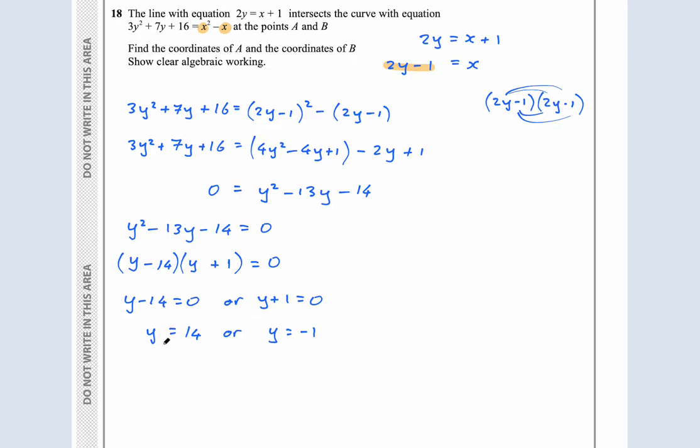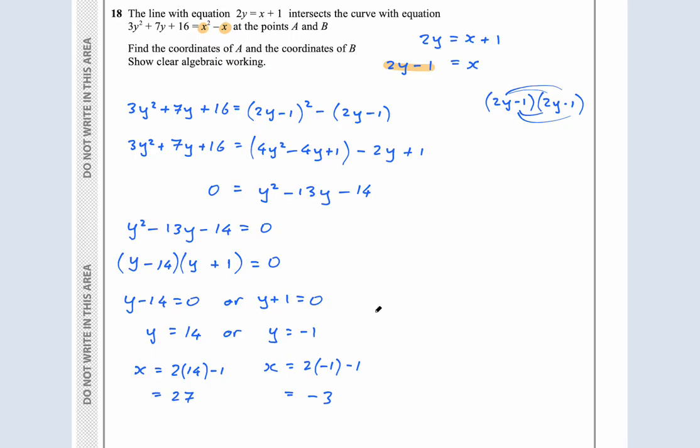Okay, so I have my y's. Now all I need to find is my x's. When y is 14, x equals 2y minus 1, so it's 2 times 14 minus 1. 28 minus 1 is 27. And here, x equals 2 times minus 1, which is minus 2 minus 1, which is minus 3.